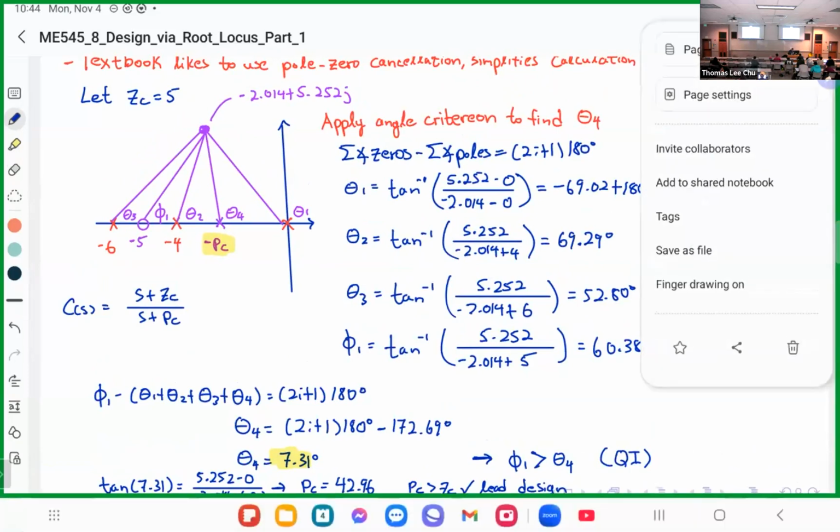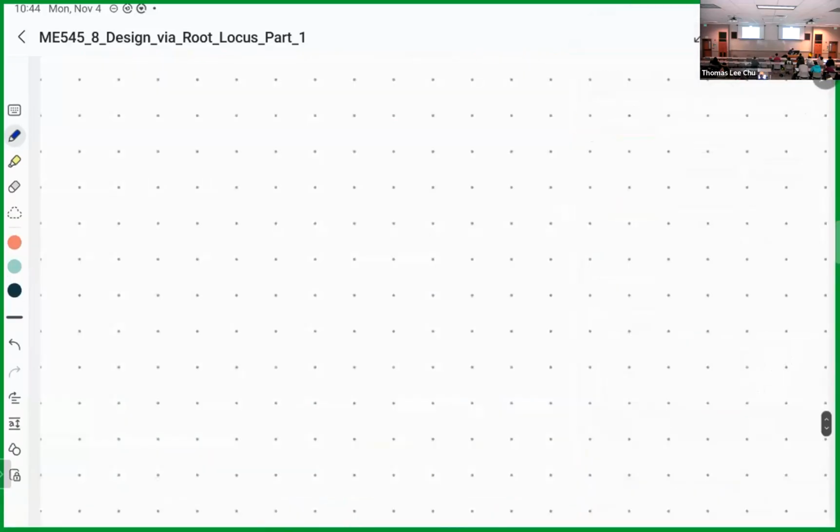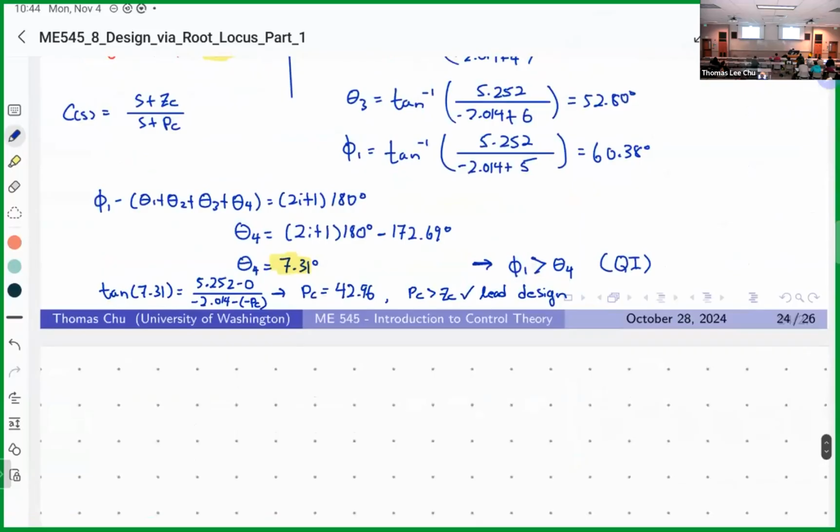So I am going to add another page here because I'm out of space. But basically, now that we found our design, I'm going to call it C of S, our lead design. We still need to determine the corresponding gain that gets us to that closed loop pole location. But for now, I'm going to write down our lead design, which is S plus 5 divided by S plus 42.96.